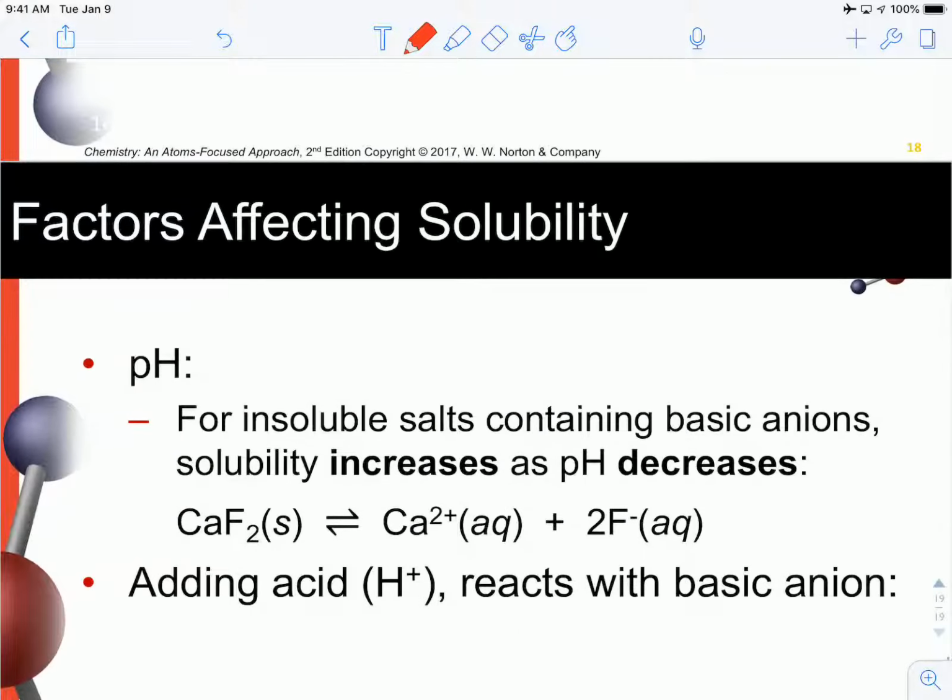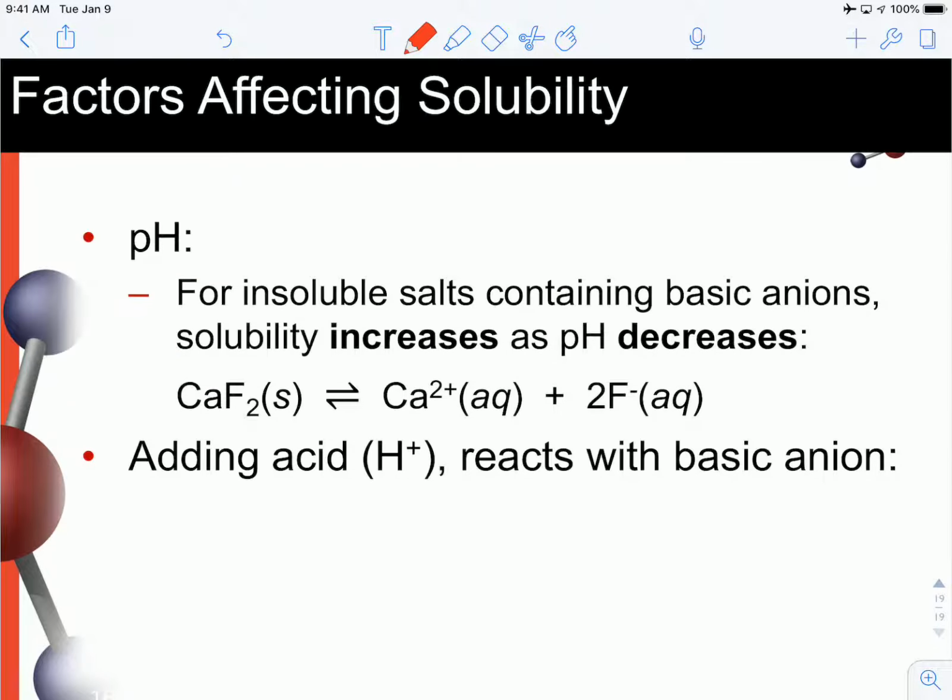Okay, so one last effect here. You see the same thing here. Here's the solubility of calcium fluoride. And what we're saying here is that by adding an acid, it doesn't matter what the acid is, we'll just designate it as H+, that can react now with the F- to form HF, because F- is, remember, a weak base.